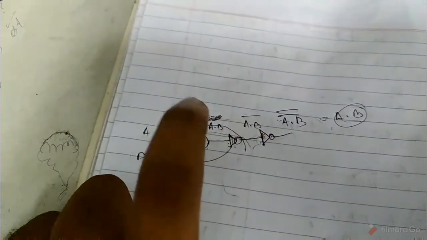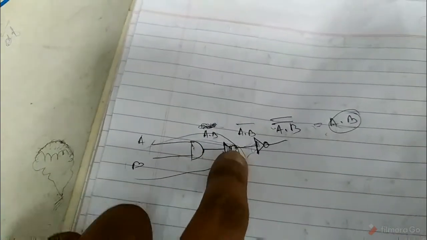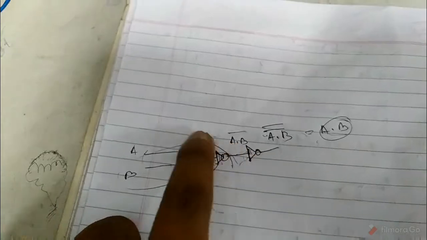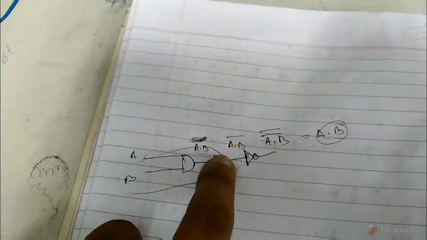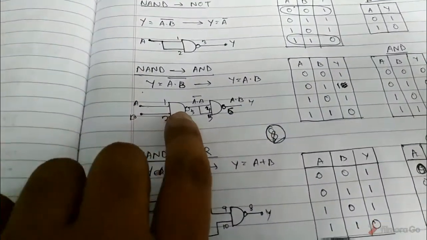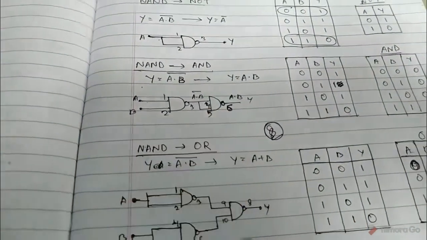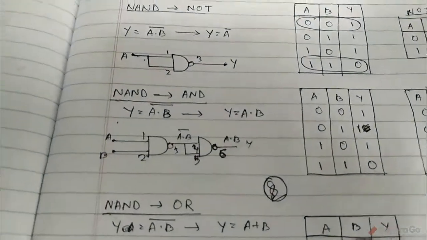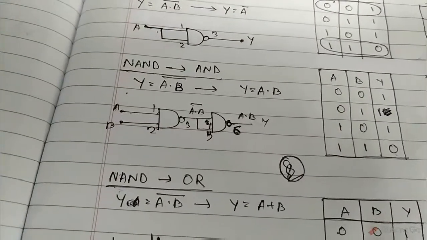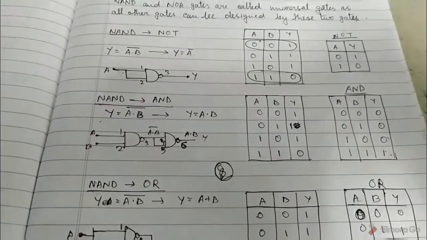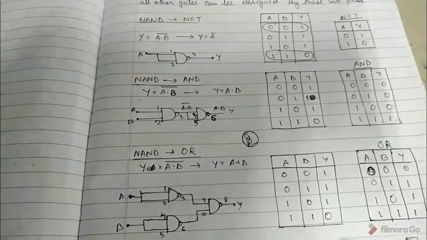That is why one AND gate and one NOT gate cannot be called a universal gate, because two different kinds of gates have been used. But here we have used only NAND gates. That is why it is called a universal gate: the same kind of gate can be used to design all other gates.